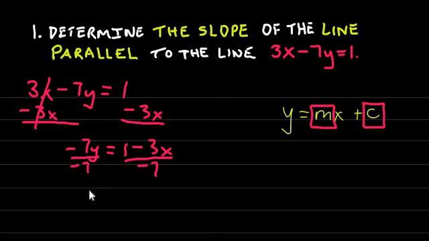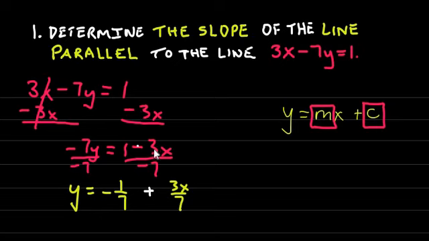Negative 7 into negative 7 will give us a positive 1. So positive 1y is equal to 1 divided by negative 7 minus 3x divided by negative 7. 1 divided by negative 7 is the same thing as negative 1 over 7.